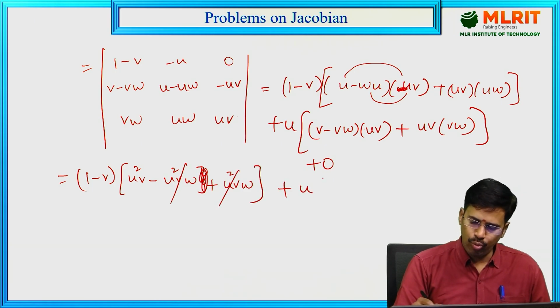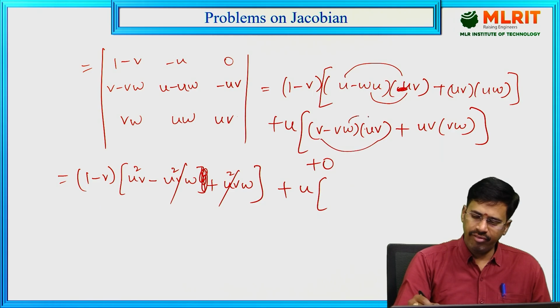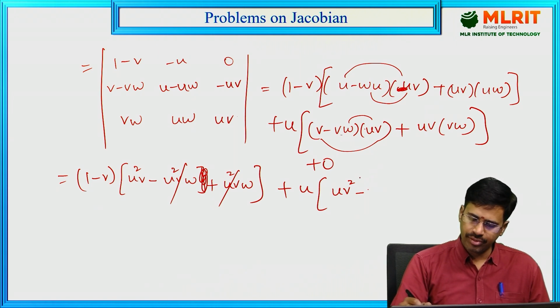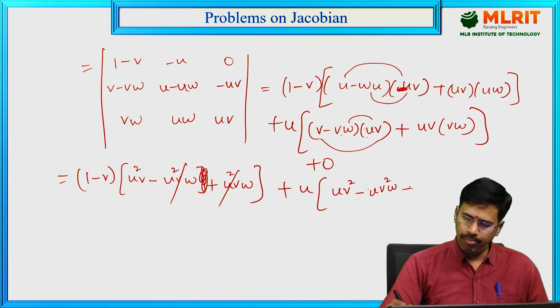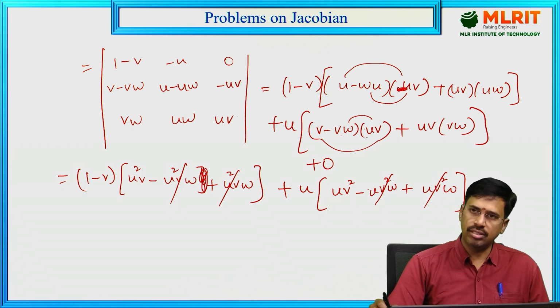Plus u into, multiply each and every term, v into uv, that is uv square, minus vw into uv, uv square w, plus uv square w, these two get cancelled, plus 0.